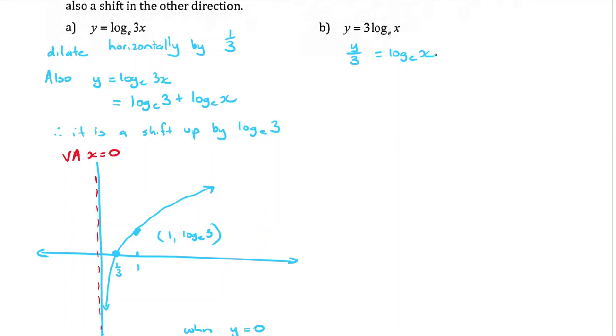That means I'm dilating vertically, so I'm dilating the y this time, by a factor of 3. Dilate vertically by factor 3.